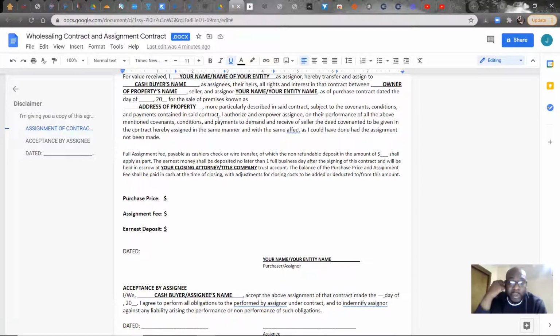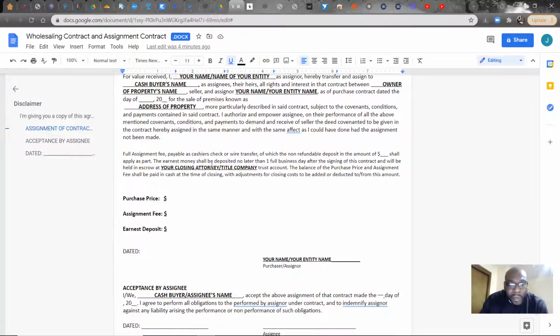You are authorized and empowered, assignee, on their performance of all of the above mentioned covenants, conditions, and payments, to demand and receive of seller the deed covenanted to be given in the contract hereby assigned in the same manner and with the same effect as I could have done had the assignment not been made.